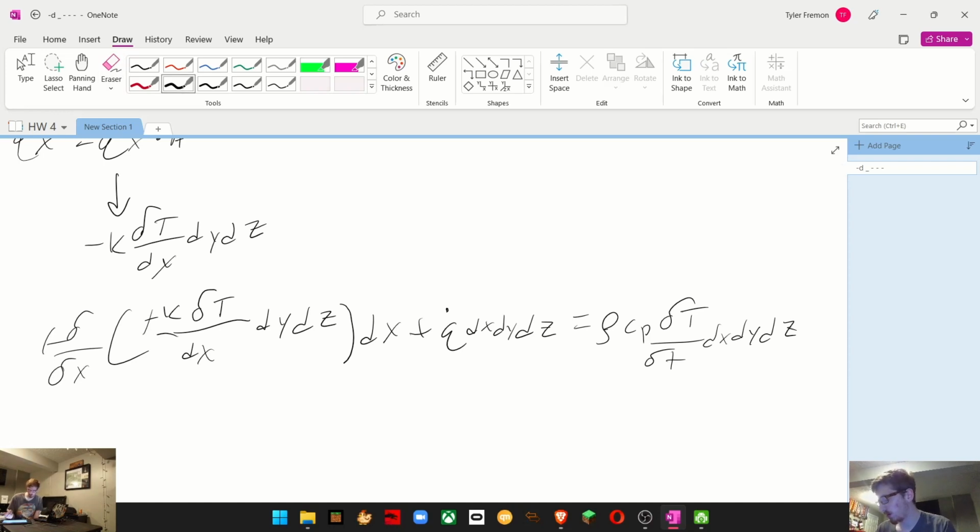So we can start canceling across. These negatives will cancel. We have dy, dx, dz in all three terms, so those will all cancel out.